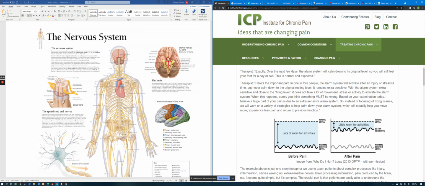So basically, before you have some type of injury, and an injury is a good example, and we can then compare this to migraines, your nerves are less active, or they're turning on less often, or they're less sensitive to stimuli like walking or moving or pressure. And it will take quite a bit of movement or pressure or temperature before they go above that threshold and turn on, and then you would feel pain.